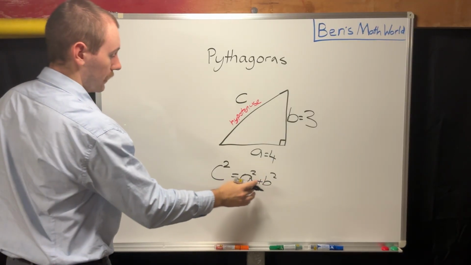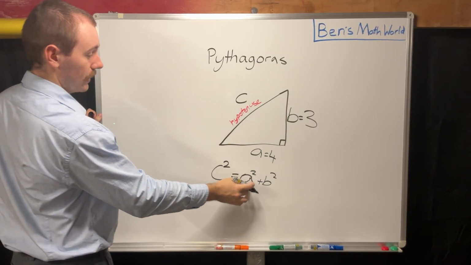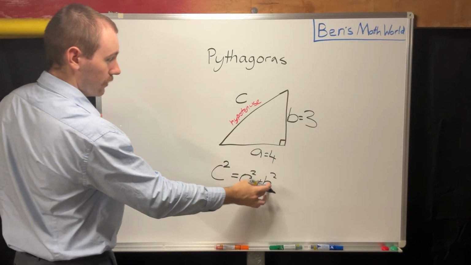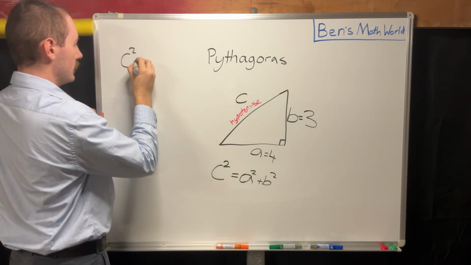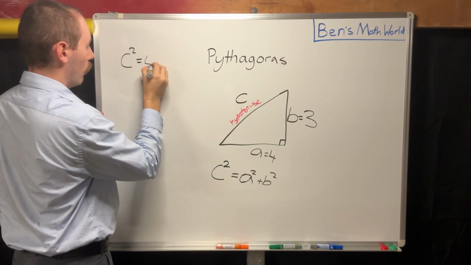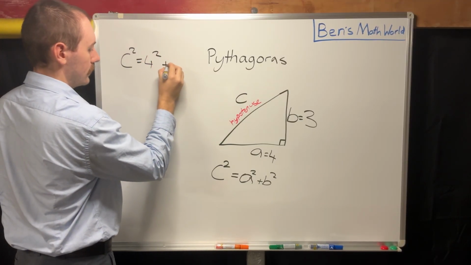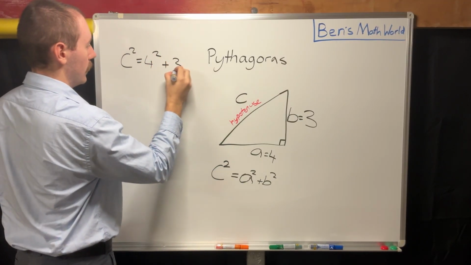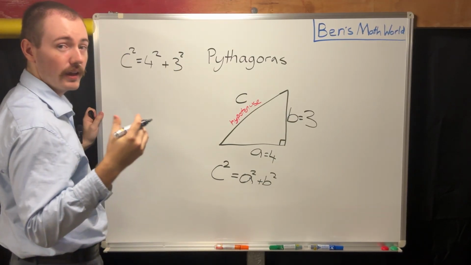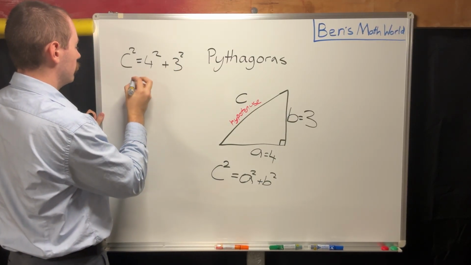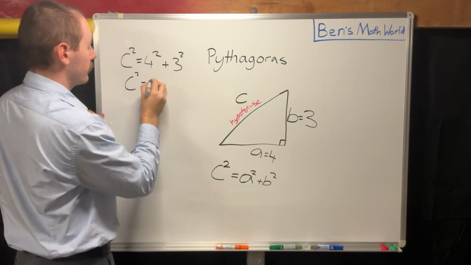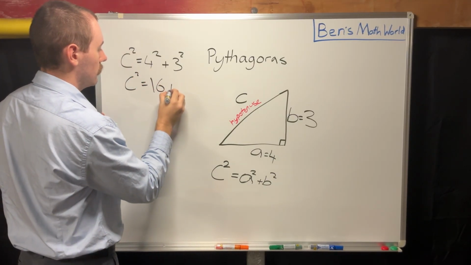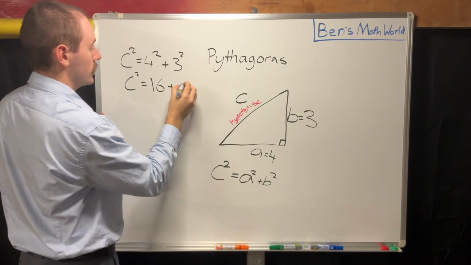We're going to copy our formula up here and substitute in A for 4 and B for 3. So C squared is equal to 4 squared plus 3 squared. Okay, now we're going to simplify this a little. 4 squared is 16 plus 3 squared, which is 9.